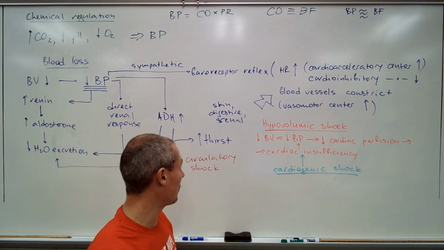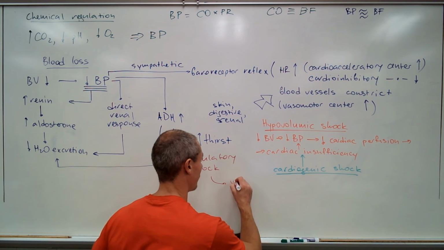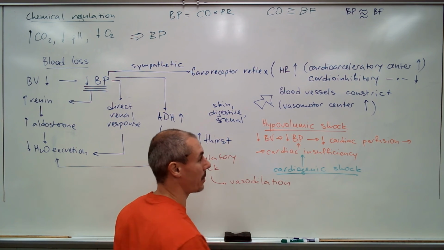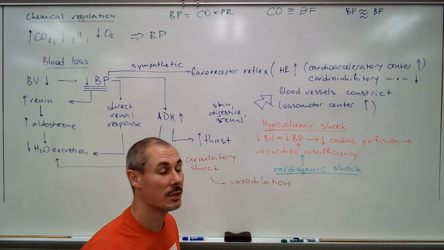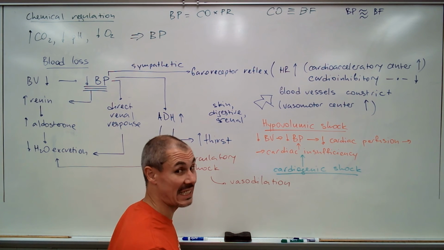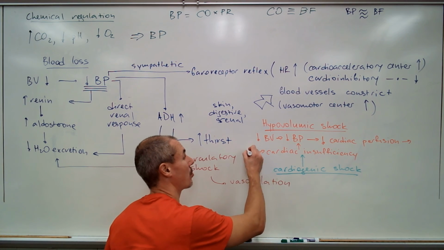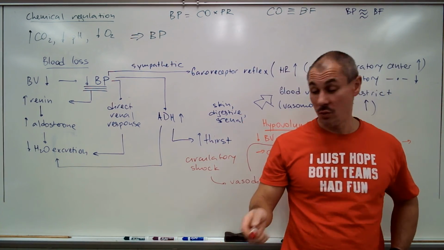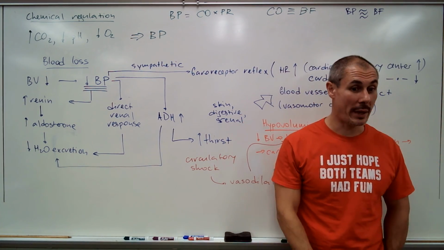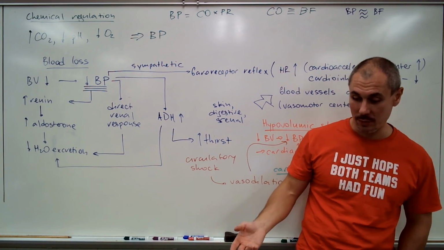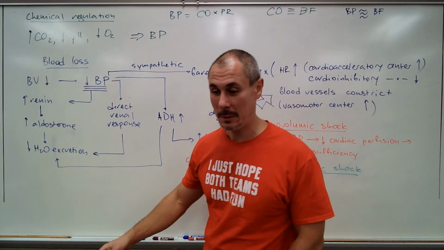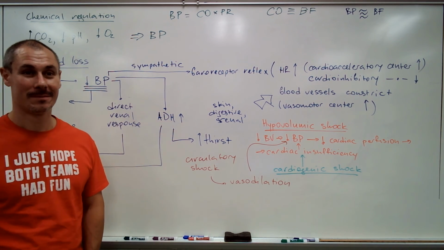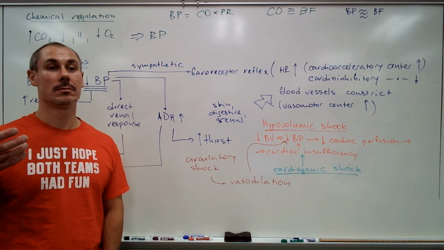What's going to happen to blood pressure? When blood vessels dilate, blood pressure is going to not just decrease, it's going to tank. It's going to drop. Okay? And what do we do when such a thing happens to a patient? What do we give them? Antihistamines.